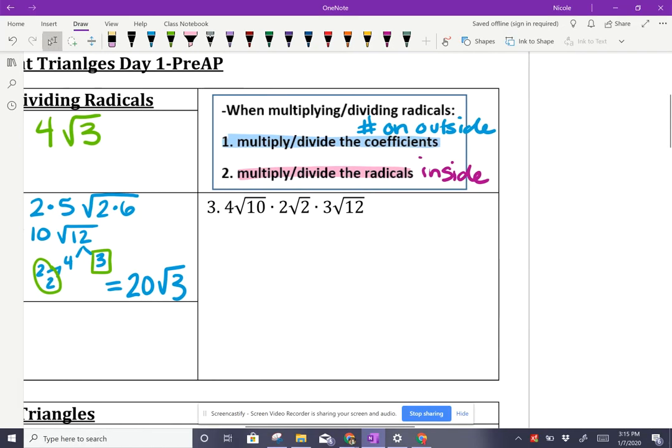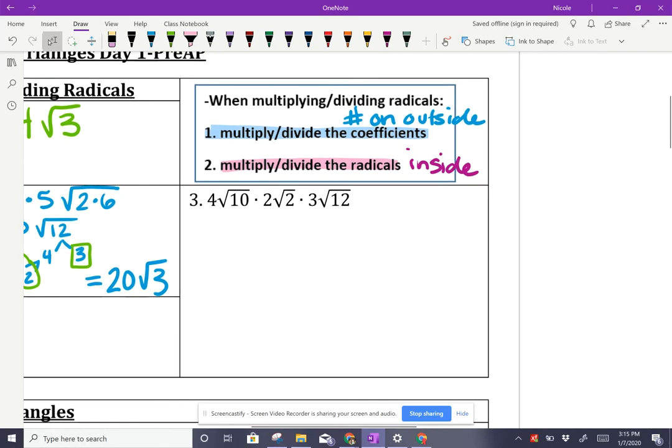All right, number 3, we've got a lot going on. So as I said, you can go ahead and simplify these first if that makes it easier. So if I simplify or break down some of these, I've got 10, which breaks down into 5 and 2. I've got 12, which breaks down into 3 and 4.